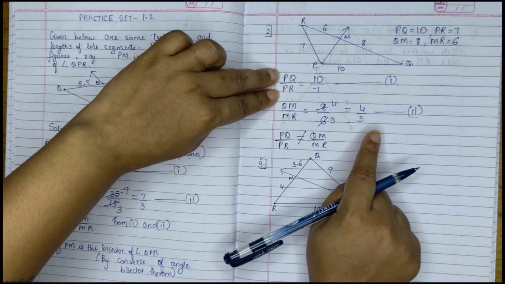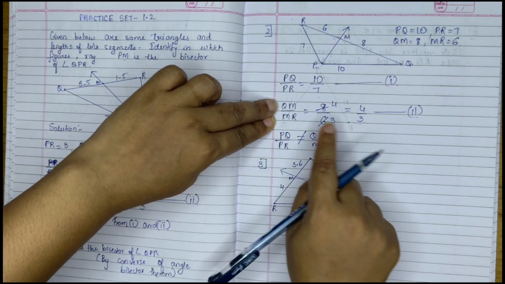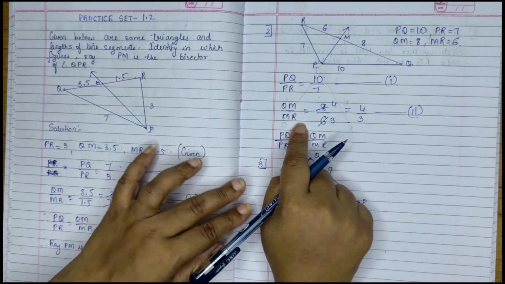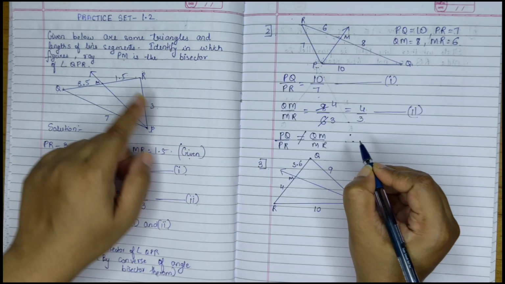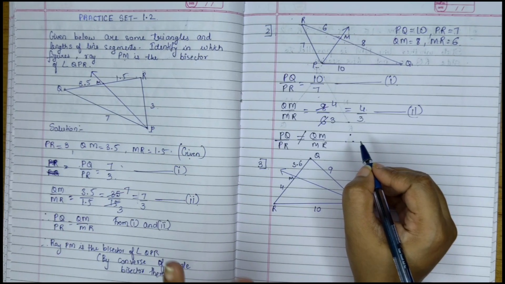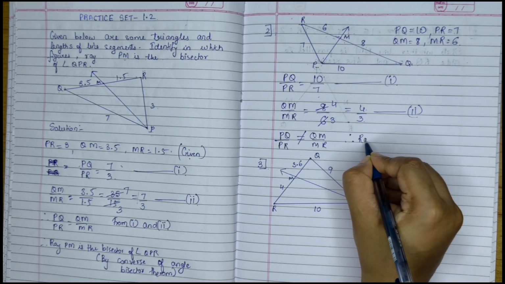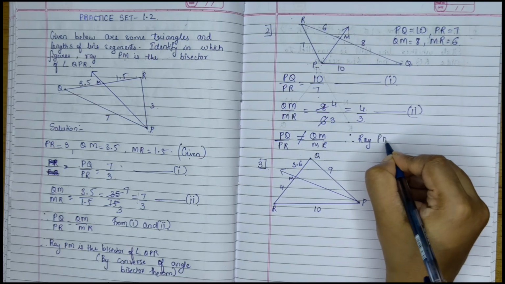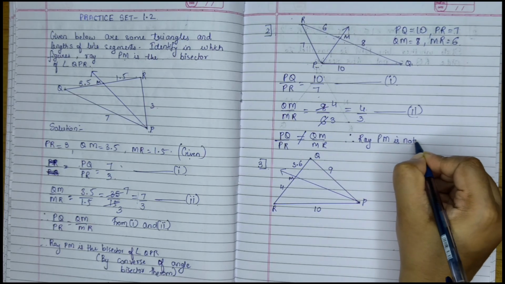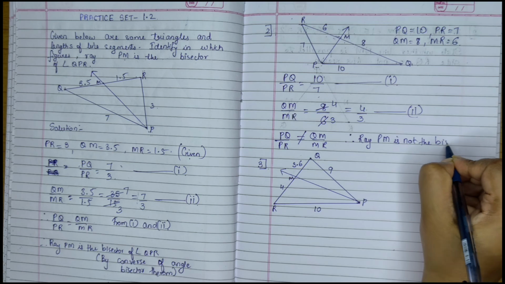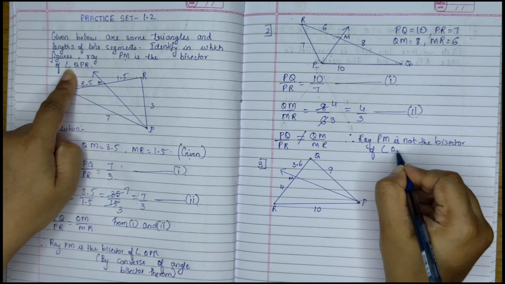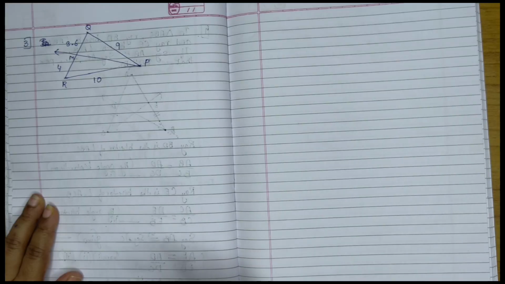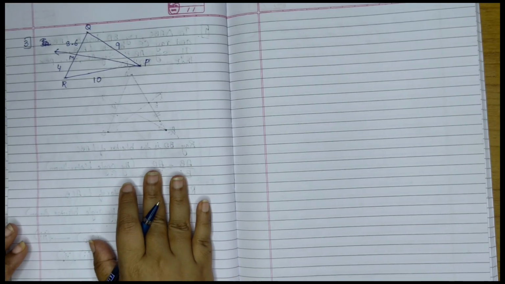So say that PQ upon PR is not equal to QM upon MR. So therefore we can write that ray PM is not the bisector of angle QPR.